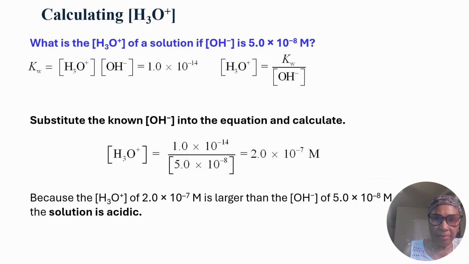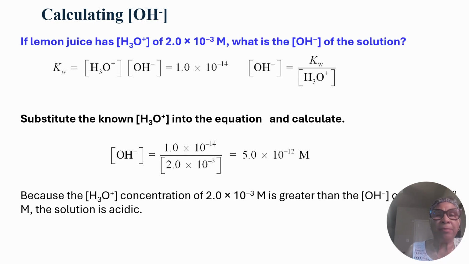In this example, the concentration of hydroxide is known. We solve for the concentration of hydronium. Kw divided by the concentration of hydroxide gives us the concentration of hydronium, which is equal to 2 × 10 to the negative 7. Since its value is greater than that for the concentration of hydroxide, this solution is acidic.